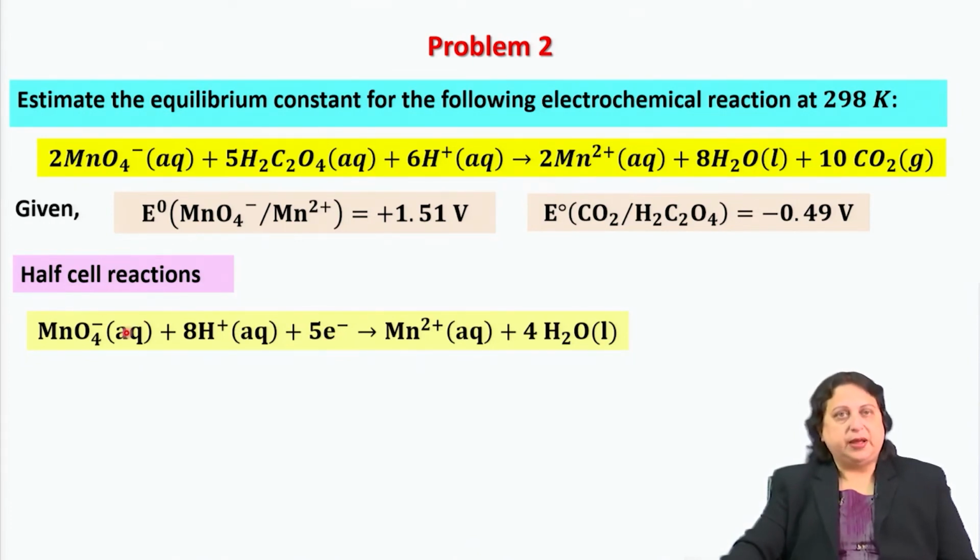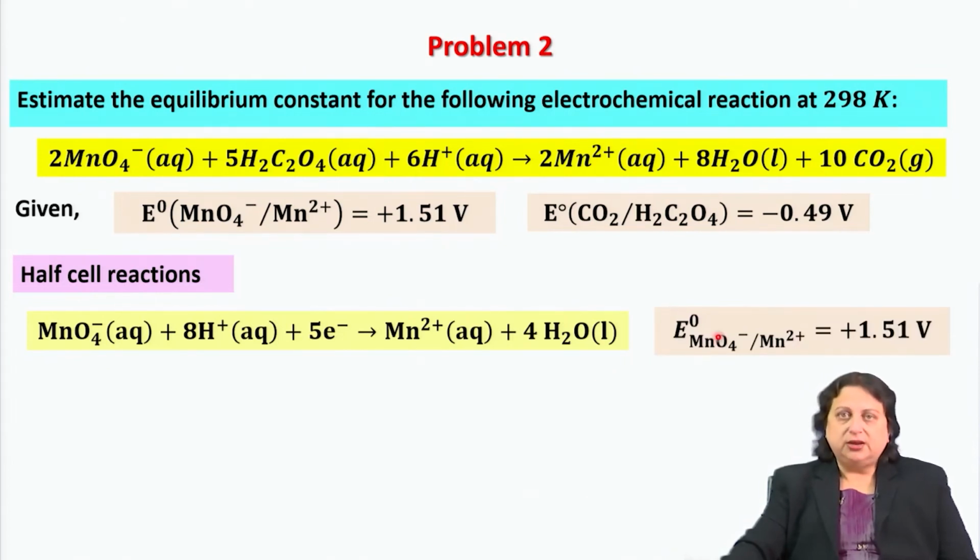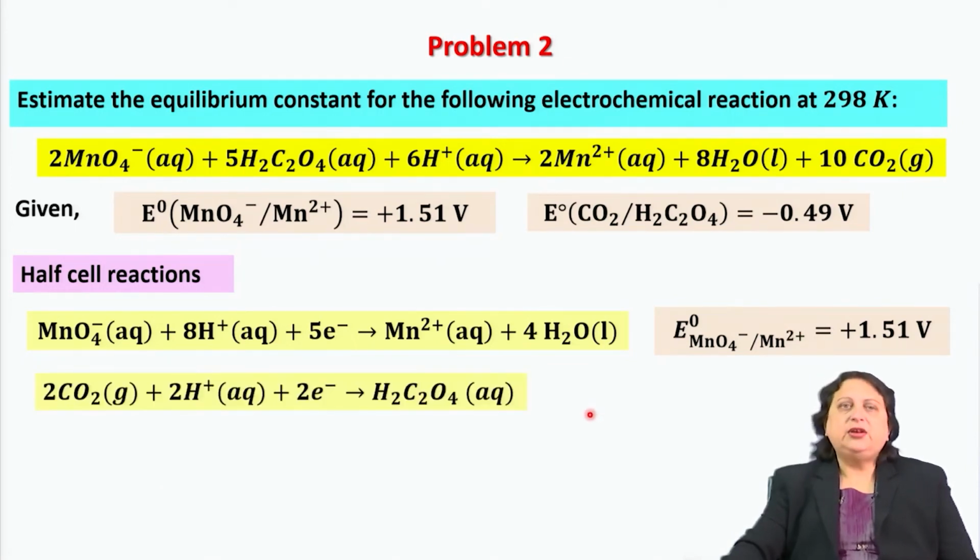So, 1 mole of permanganate in the presence of 8 moles of H plus ion in the aqueous medium can take up 5 moles of electrons, producing 1 mole of Mn2 plus aqueous plus 4 moles of liquid water. From the given data, I know that the standard reduction potential associated with this half cell reaction is plus 1.51 volt. Now, let us have a look at the second half cell reaction.